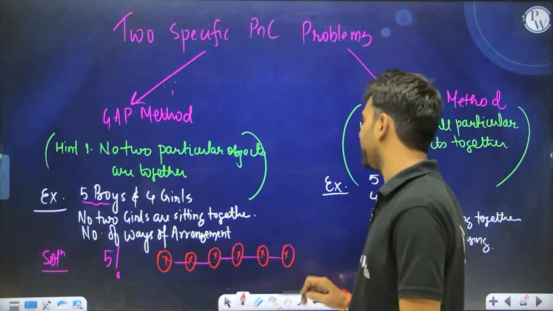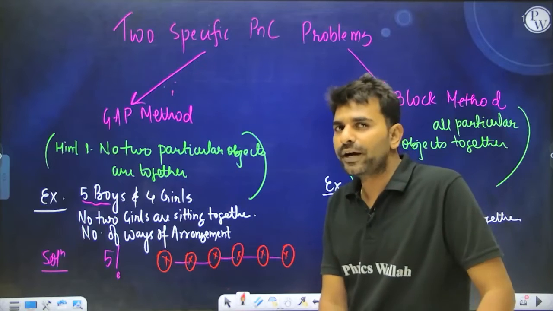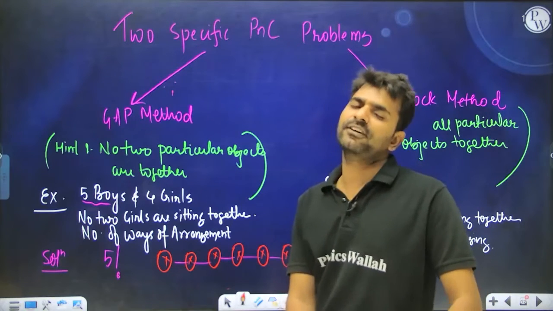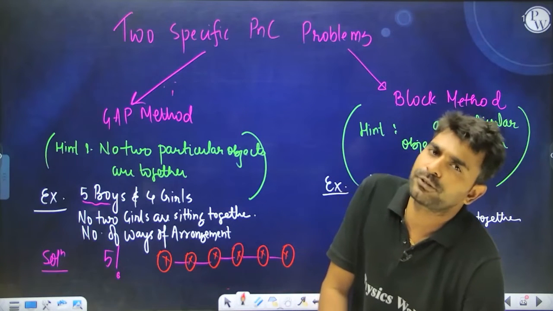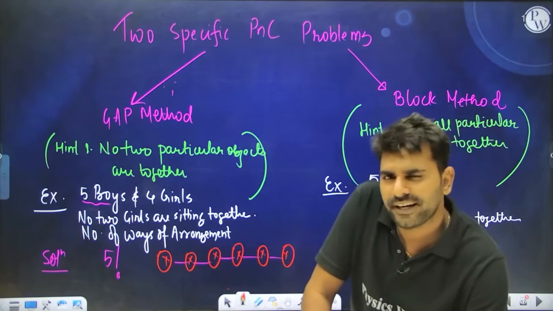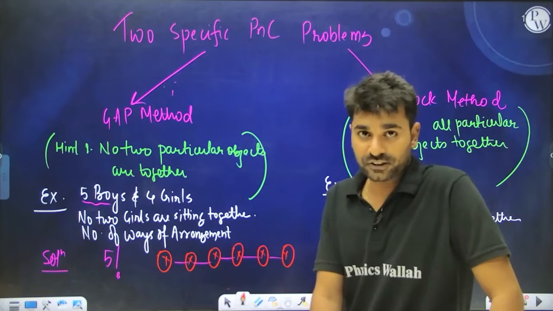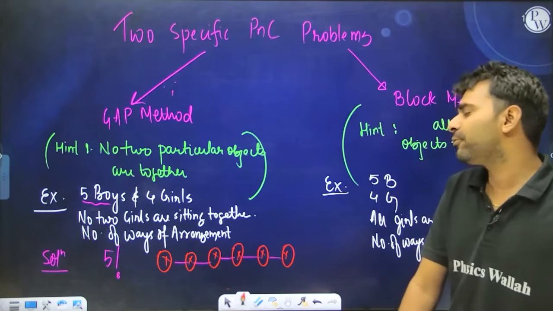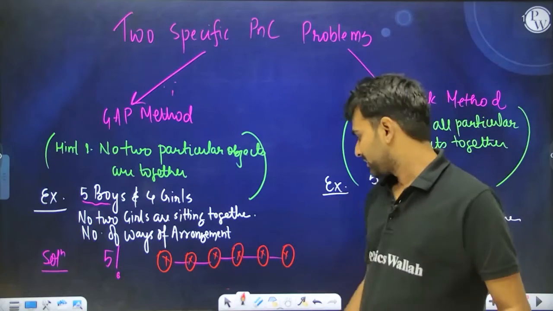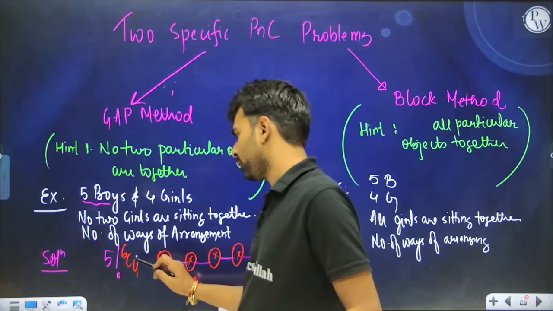Around these 5 boys, there are 6 places. Yes or no? Now, if girls are sitting in these 6 places, don't you think that no 2 girls are going to sit together, because between any 2 girls there will be at least 1 boy. So in that case, no 2 girls are going to be together. But I have only 4 girls and I have 6 seats with me. So let me select 4 seats for the girls to sit.